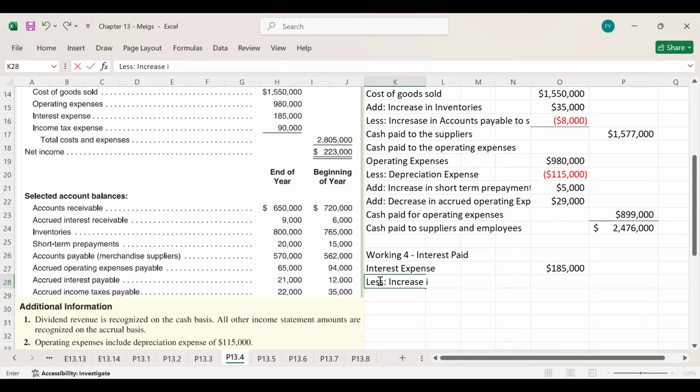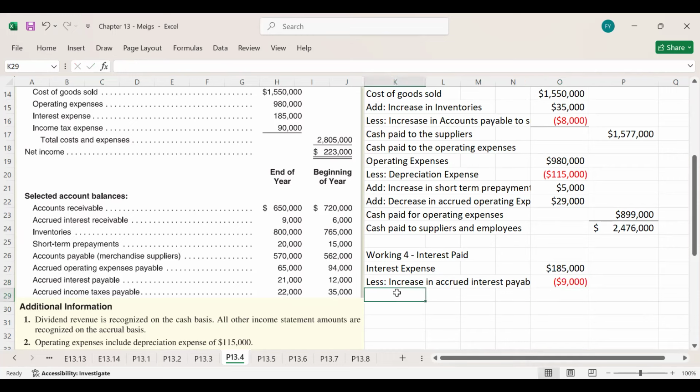Increase in accrued interest payable, which is total 9,000, so minus $9,000.